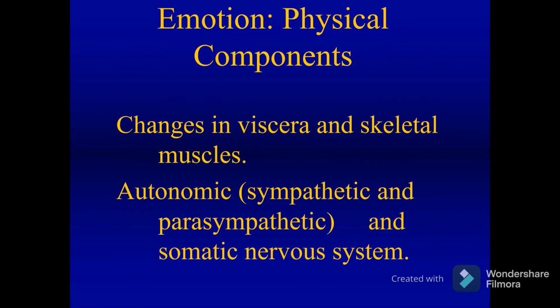Now emotion also has the physical component. There are changes in the viscera and the skeletal muscles. There are also changes in the autonomic and the somatic nervous system. In the autonomic, you'll find the sympathetic and parasympathetic, both are involved.